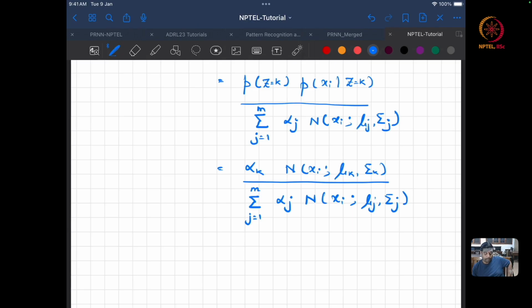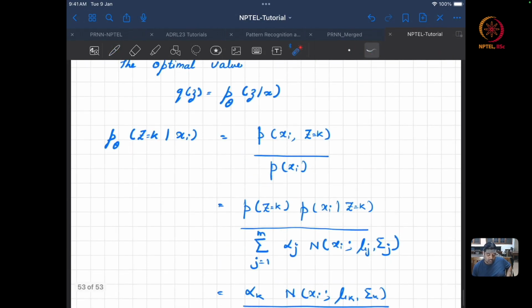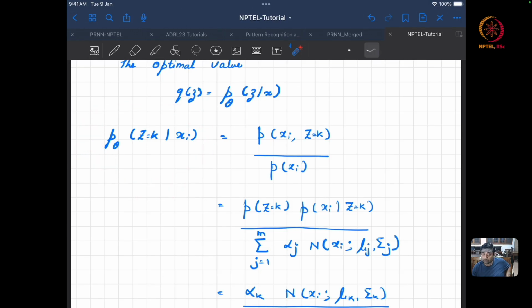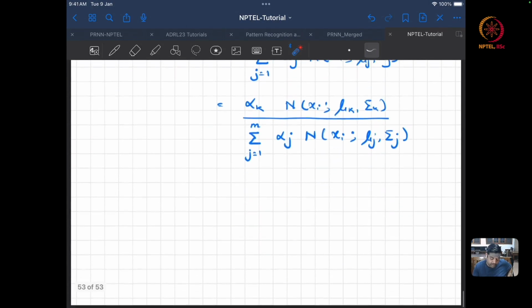Now it is easy to see that if I sum this component over k equals 1 to m, it will be 1. This is pretty much evident.